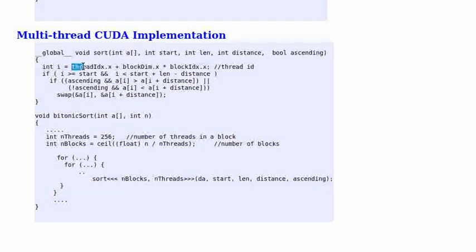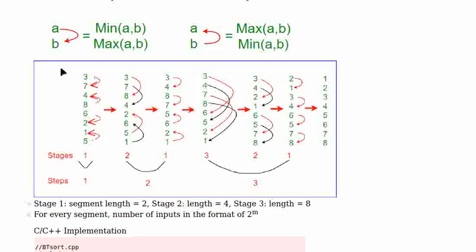So it's threadIdx.x plus blockDim.x times blockIdx.x. So this i is the thread ID. Each i corresponds to a thread, and each thread will work on a sorting.